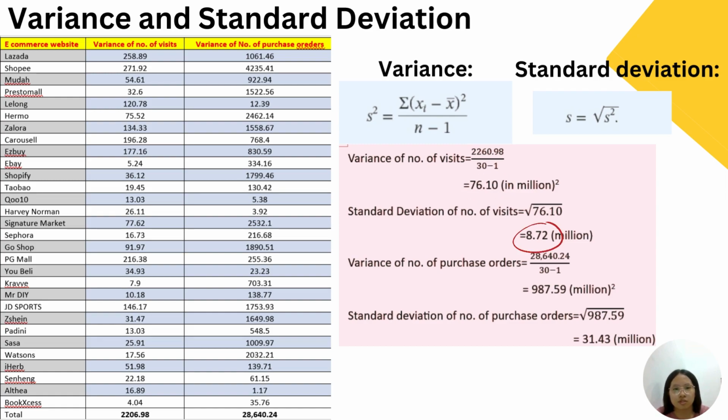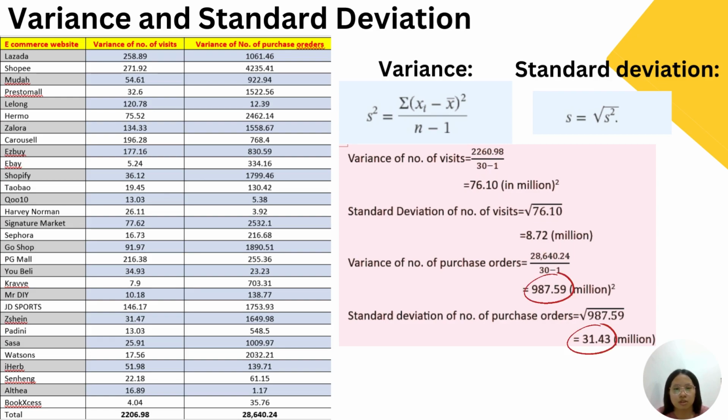The variance of the number of purchase orders equals 28,640.24 divided by 30 minus 1, equal to 987.59 million squared. The standard deviation of the number of purchase orders equals the square root of 987.59, equal to 31.13 million.